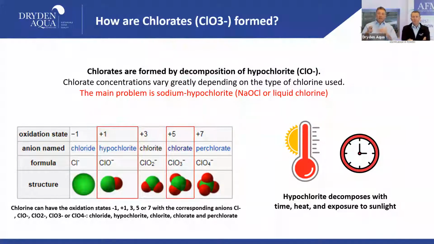If this is in the water, exposed to temperature, exposed to sun, and over time, this will decompose to chlorite, which is ClO2, and then to chlorate, and later on even to perchlorate. But we are interested here now in this chlorate, in this ClO3.